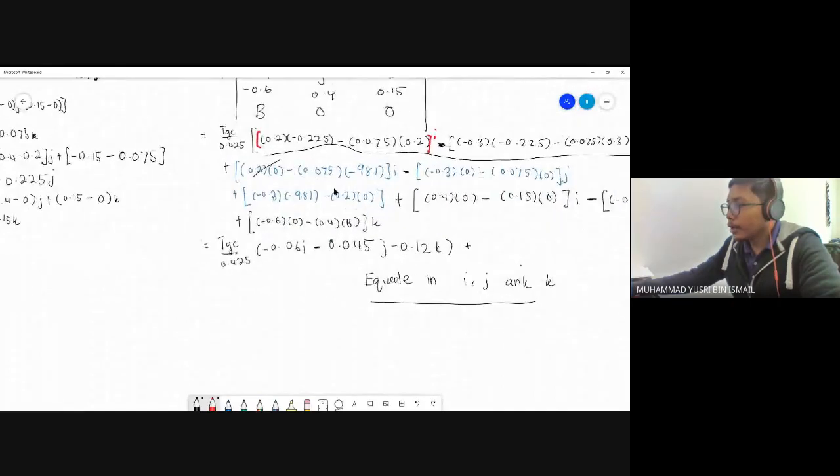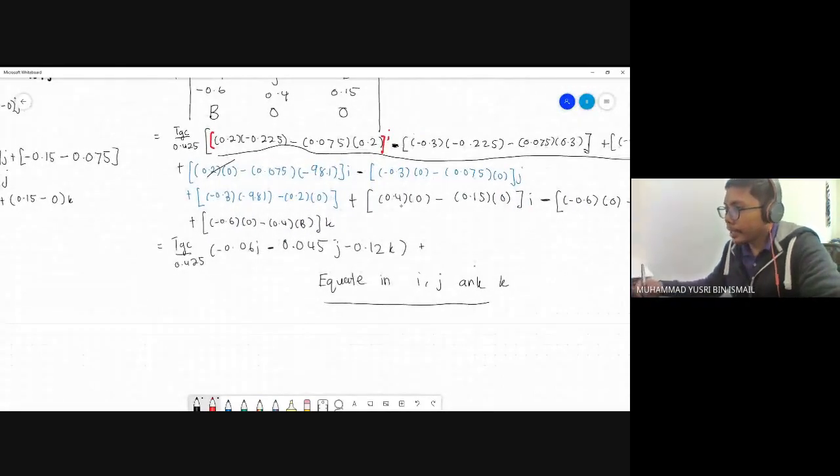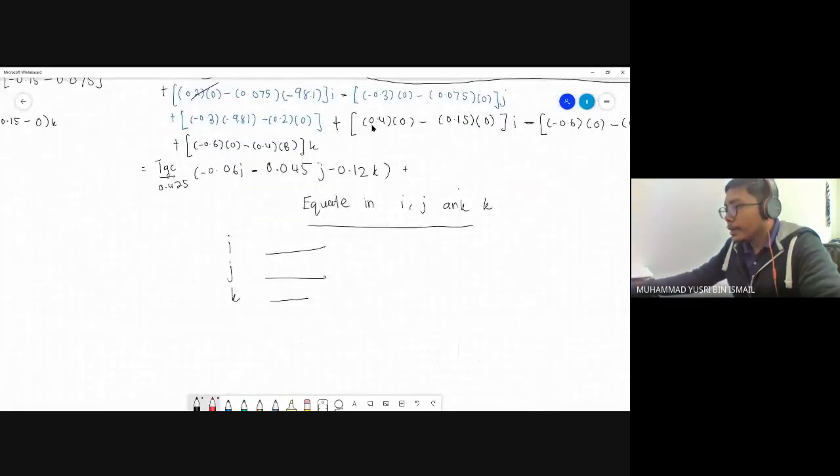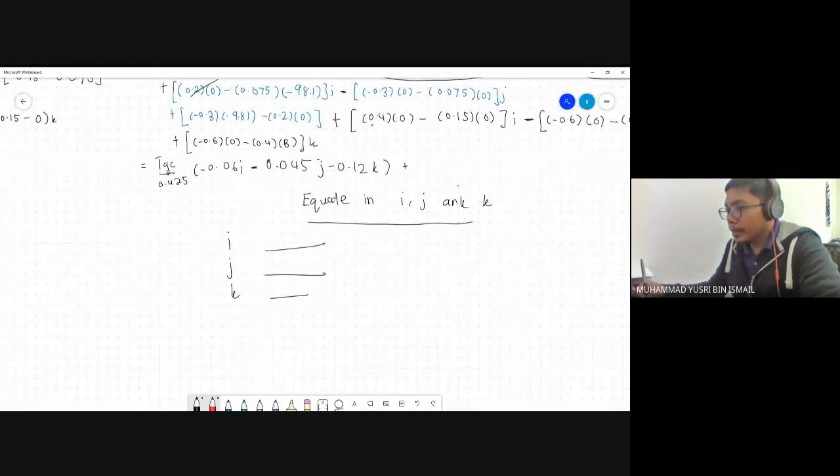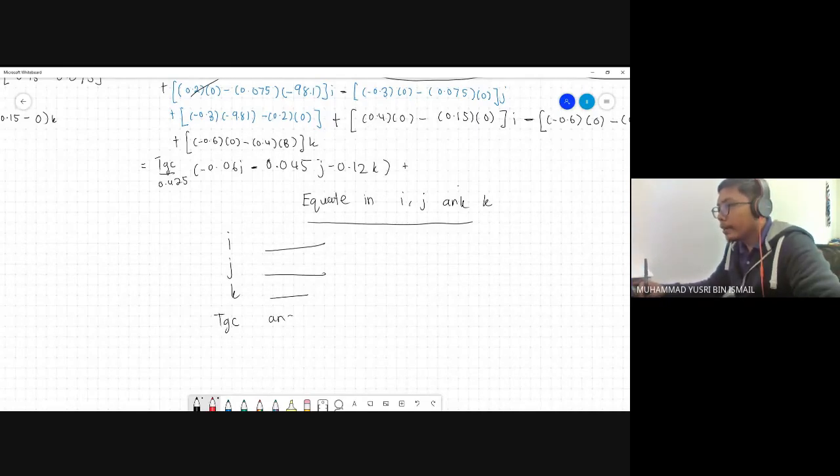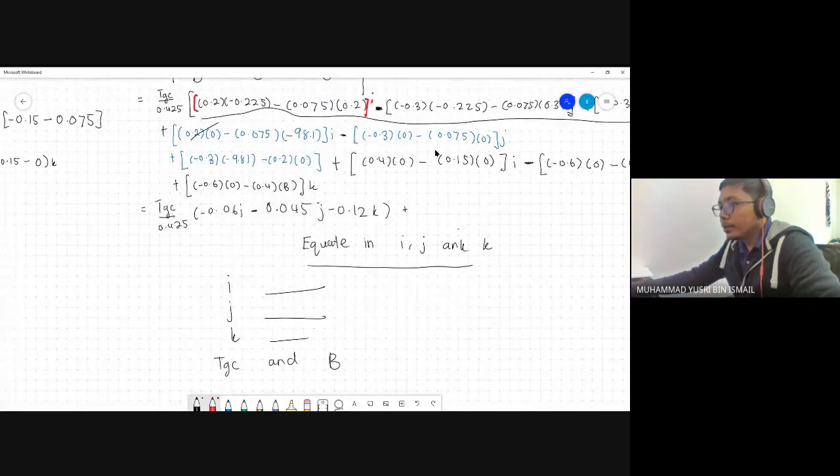So now equate in I, J, and K. So you will have I equation, J equation, and K equation. Okay. So get the value for TGC and B. And then substitute the value.